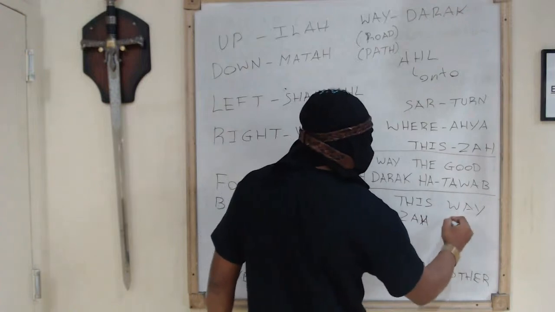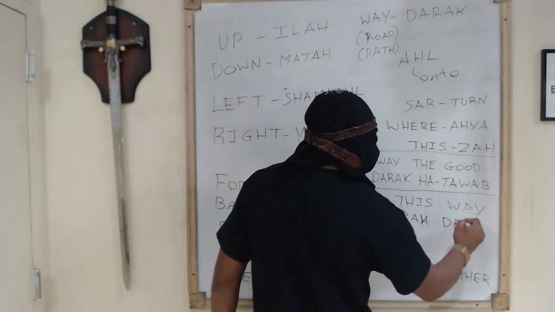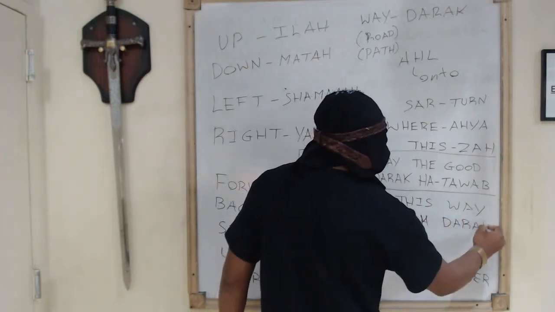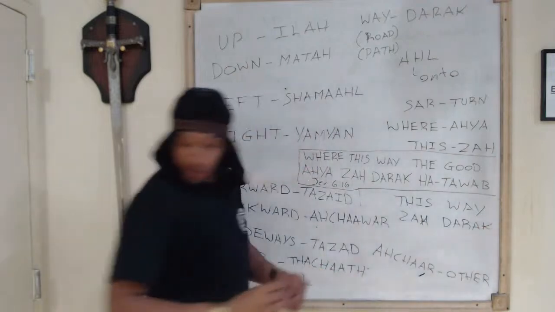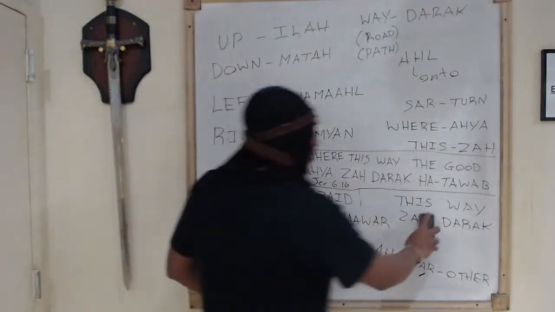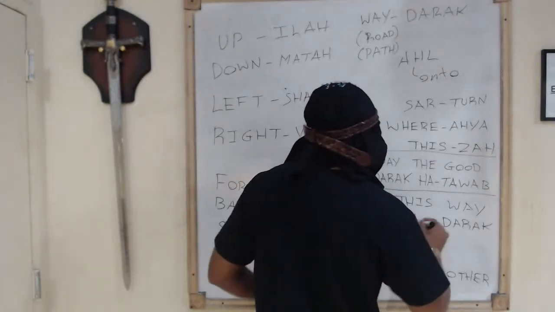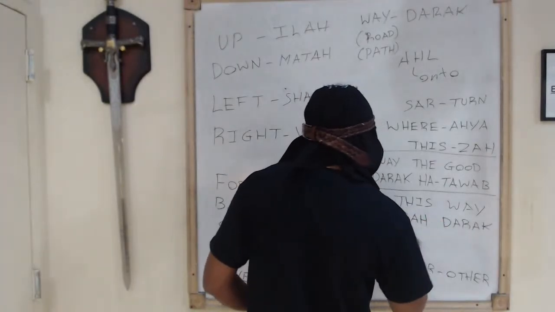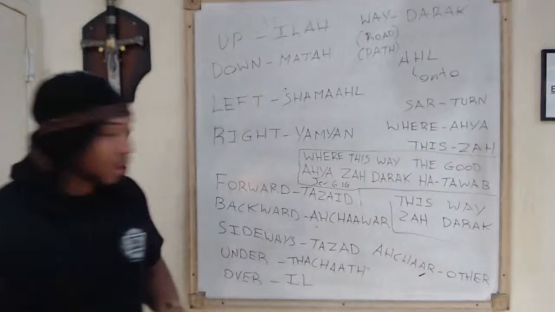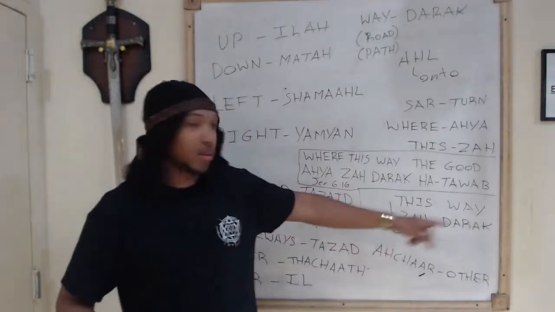Za, and the way will be what? The rock. Keep it nice and basic. Right? So you go to answer the question. This way.